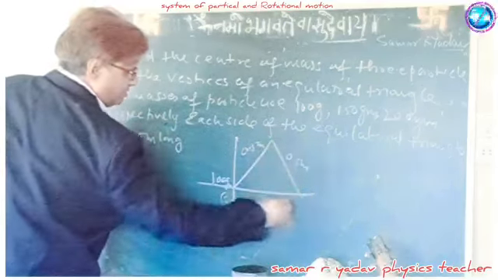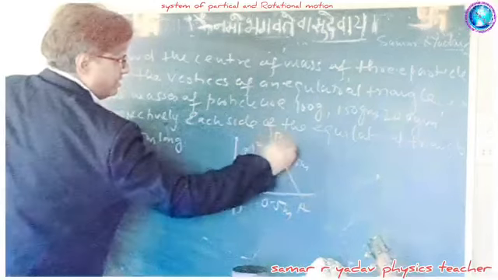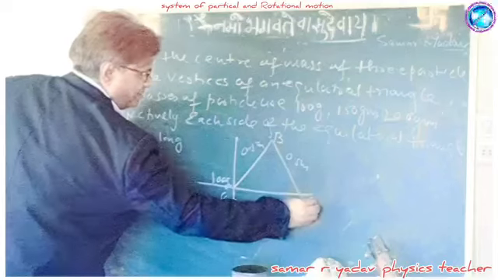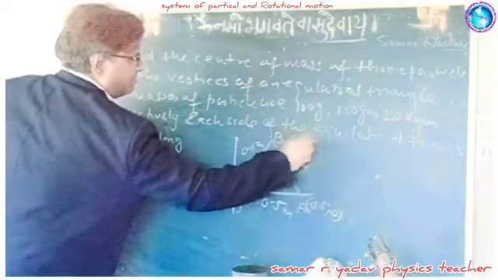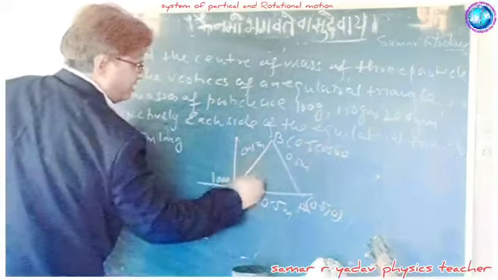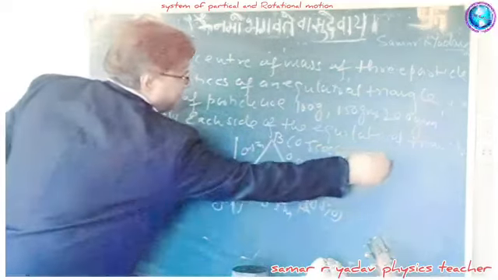That is O, A and B. Here the coordinates are (0.5, 0), and here the coordinates are 0.5 cos 60, because this angle in an equilateral triangle is 60 degrees, and 0.5 sin 60.